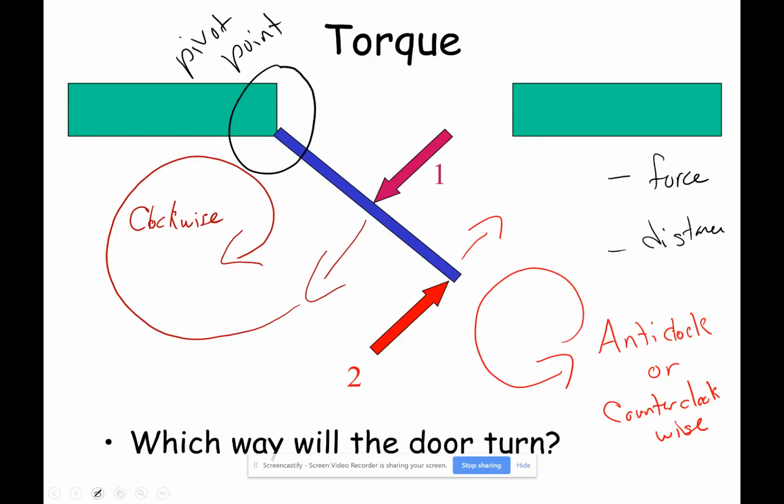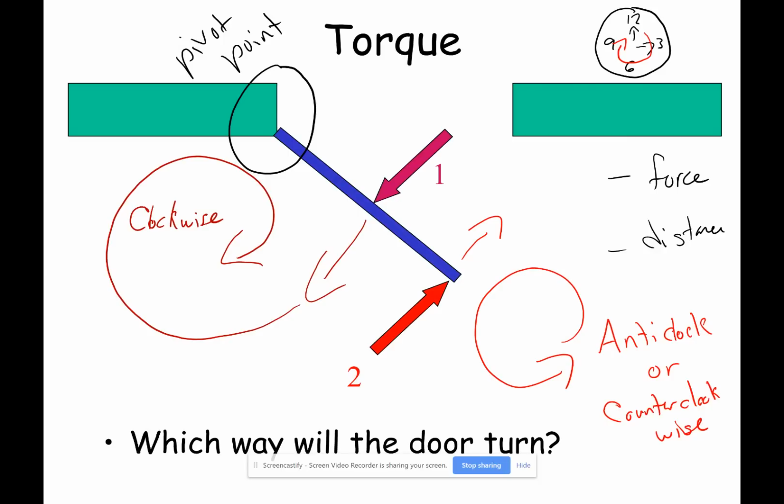For those who need to visualize a clock, remember you have a clock with 12, 3, 6, 9, and when the hands rotate in this direction, that's why it's considered clockwise.